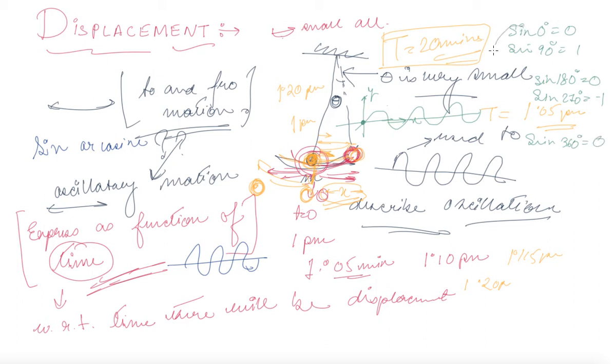So from 0 to sine 360 degree, if we proceed further, sine of 360 degree plus 90 degree, which is 450 degree, is again 1. So it will again follow this procedure. So it is repeating after an interval of 2 pi. That is why sine and cosine functions can be used to represent an oscillatory motion.